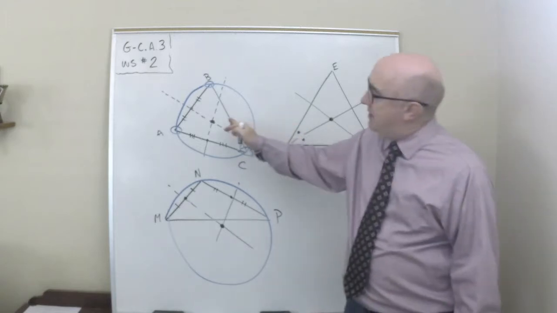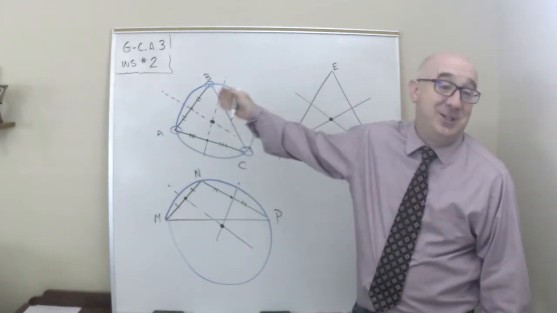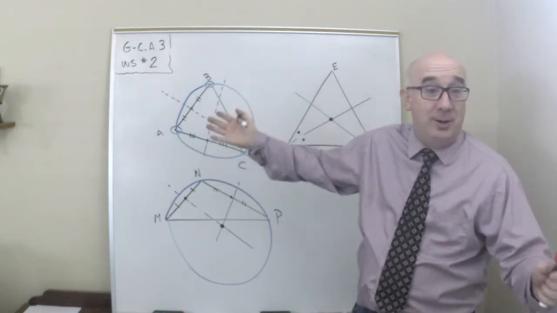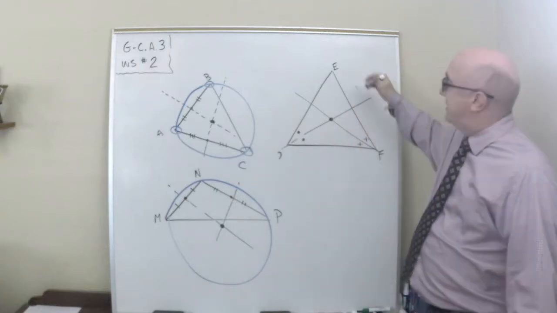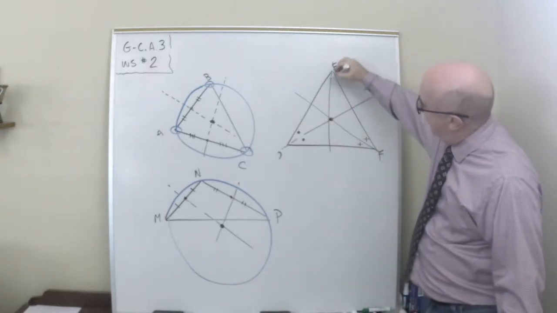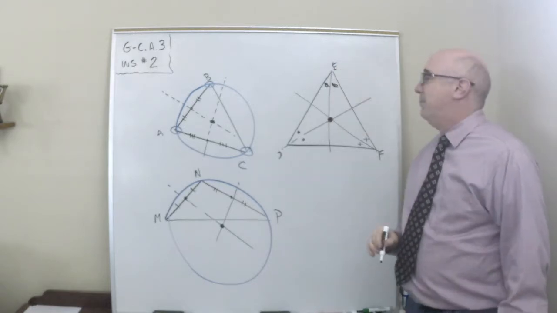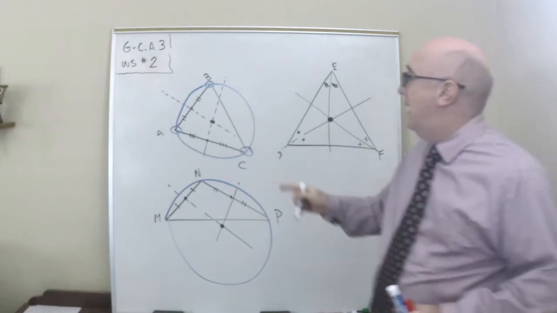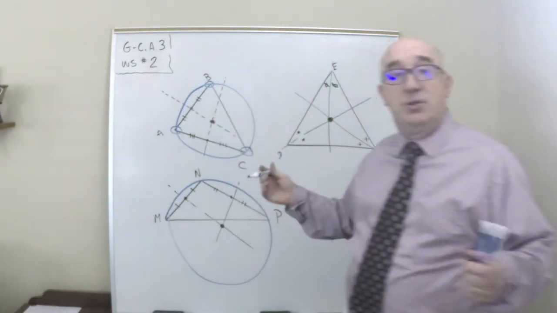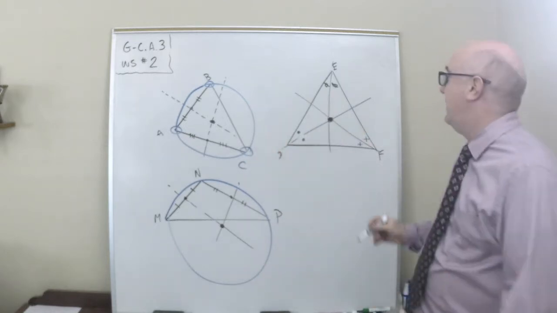Now, I didn't mention here, but if I did the third perpendicular bisector, it actually goes through that point. It's a concurrent point of 3 different lines. The truth is, that would also happen here: if I did this, I would also go through that exact same point. And in this case, that point isn't equidistant to A, B, and C, or to the vertices. It's equidistant to the sides of the triangle.